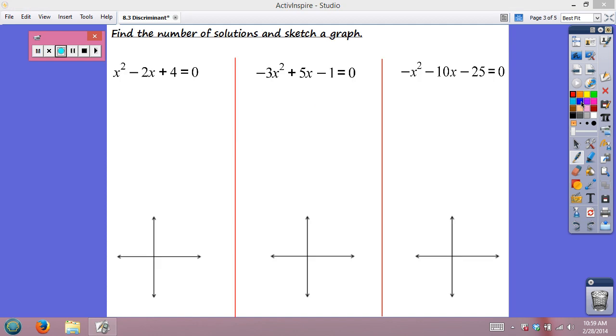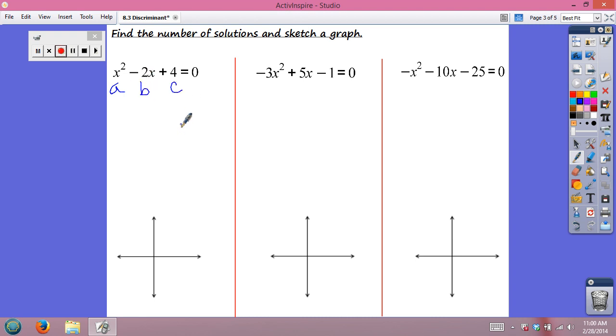So let's begin by looking at a few examples. The first thing we want to do when we're finding the number of solutions with the discriminant is label our points, A, B, and C. Then we'll take our equation, b squared minus 4ac, and we will plug in these values.